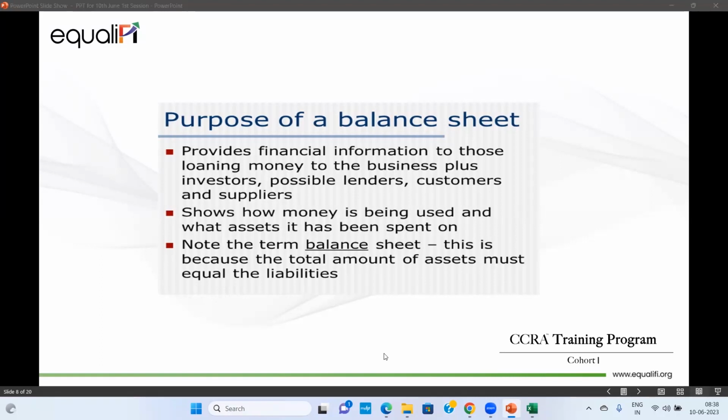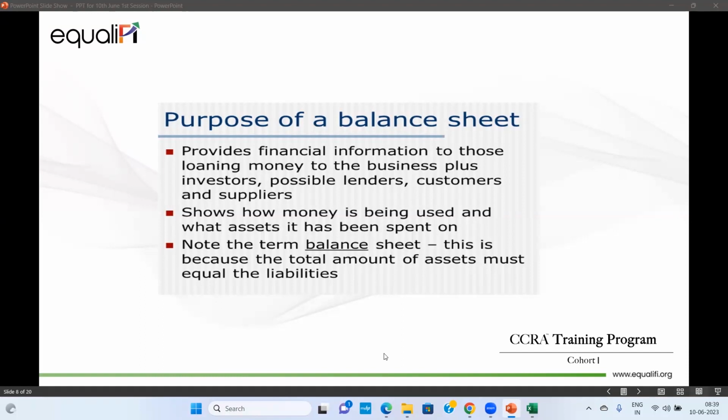Debt. Okay. Next. Is it that you look at debt only? Reserves. Very good. Fixed assets, cash balances, capital. Very good. Expenses will not come in the balance sheet.